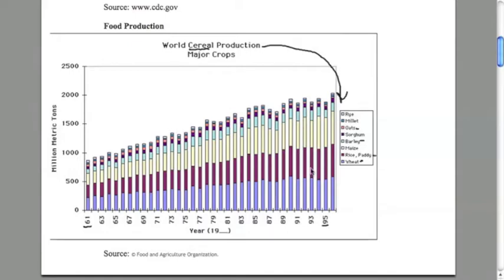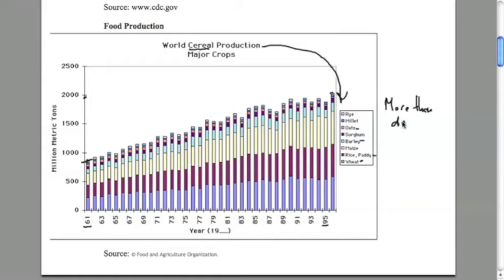And the combination of all these crops from 1961 was that back in 1961 we were producing about 800 million metric tons of these crops, compared to today we're producing closer to 1,900 or 2,000 million metric tons of these different food crops. So even in the last 34, 35 years, the amount of these food crops has more than doubled.